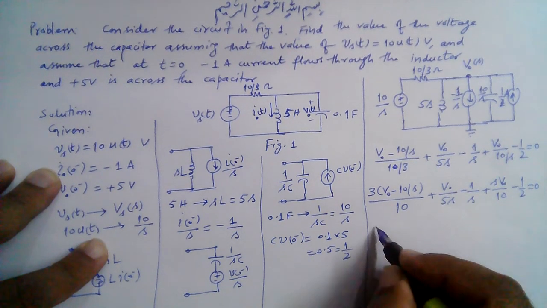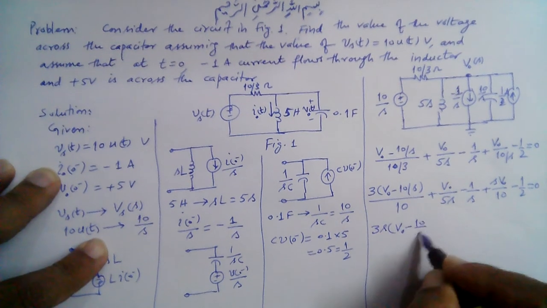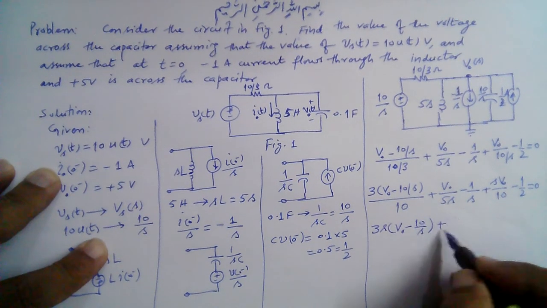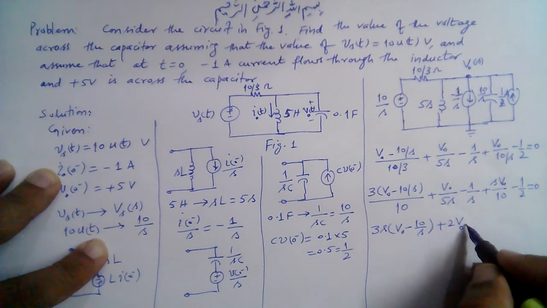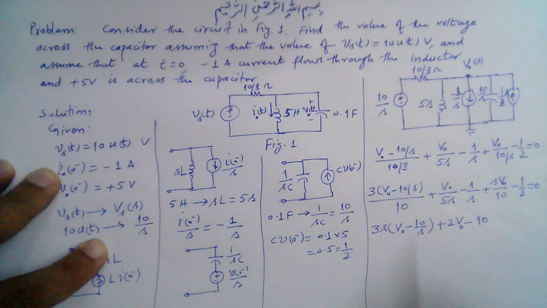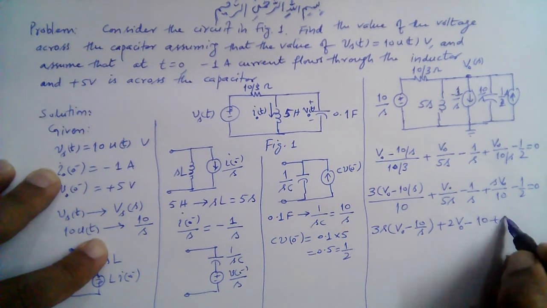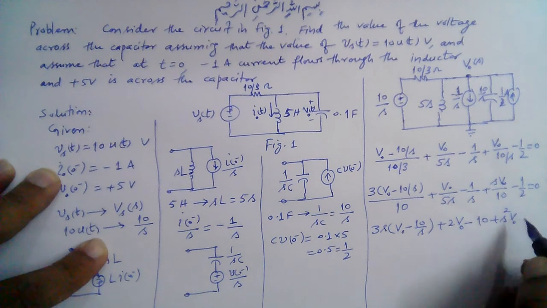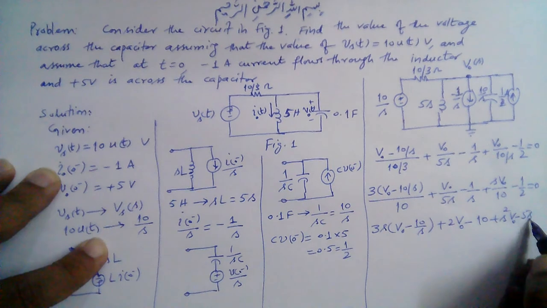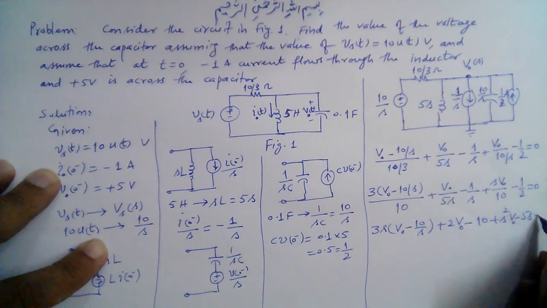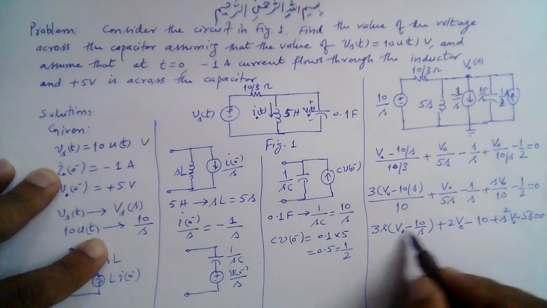So this will be 3S into V naught minus 10 over S, plus 2 V naught minus 10, and plus S squared V naught minus 5S, and that should be equal to 0, right? So let's expand this further.